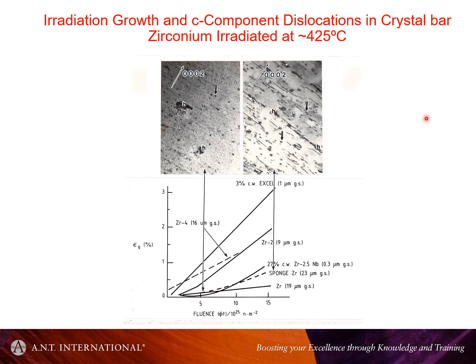Fundamental studies in fast reactors like EBR-II show that we always see this effect, that when the growth rate is high, we see a lot of C component defects, but we also see a lot of variability depending on what alloy we're talking about and whether we have different levels of impurities.